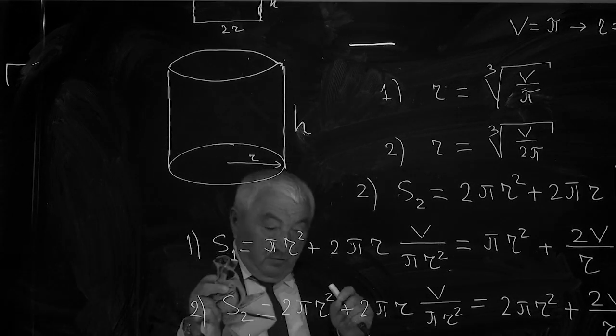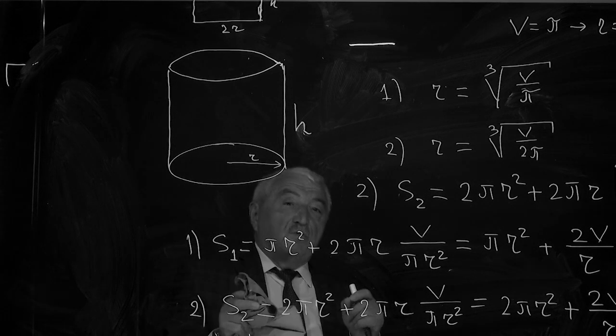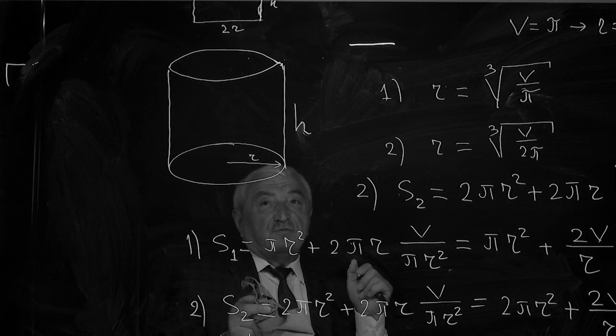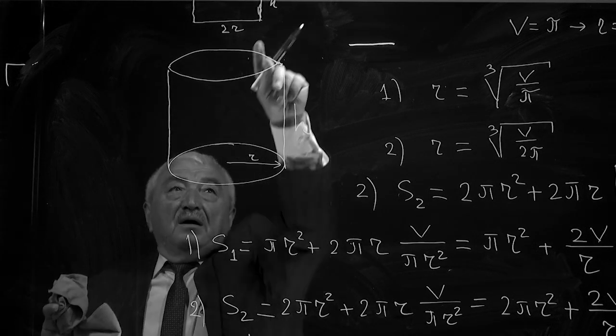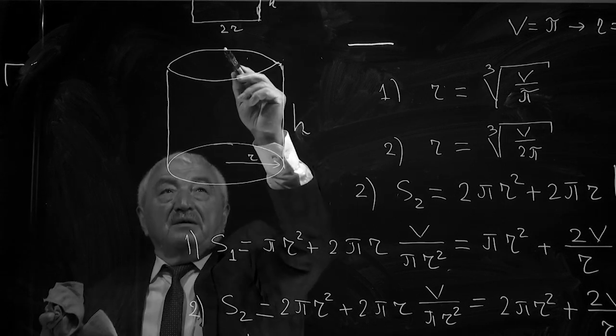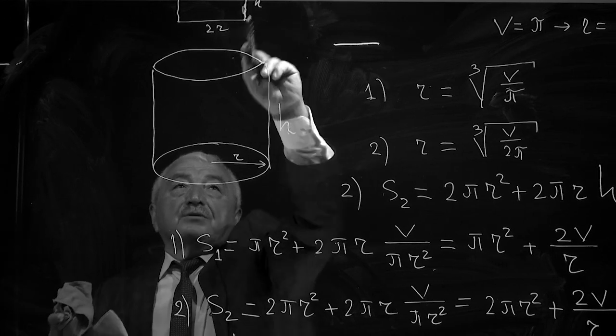If we want to create the cylindrical construction with minimum value of surface without this surface, then in this situation R is equal to H.